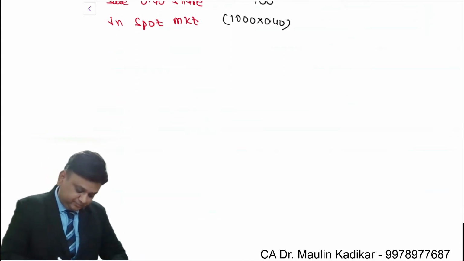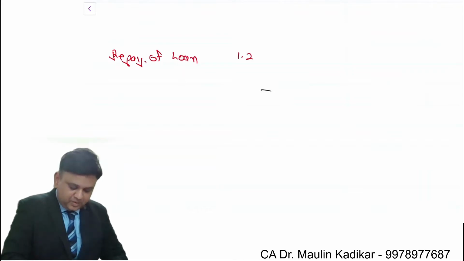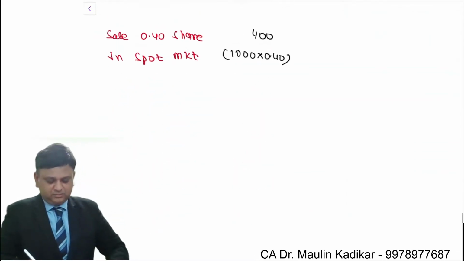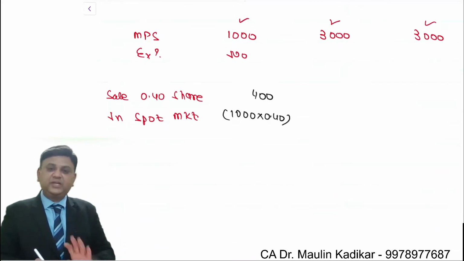Next, repayment of loan, $1.25y. Net profit or loss is 0. That's it. This is the way you will have the first column, very simple.